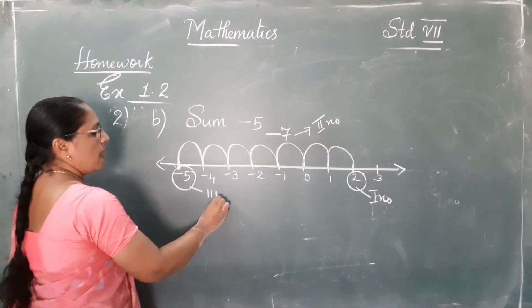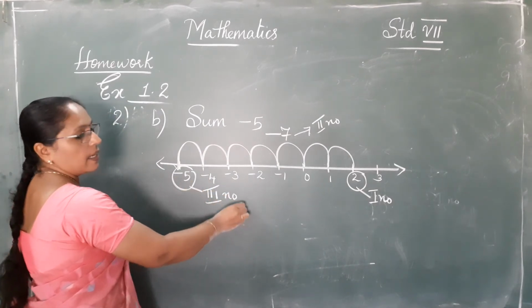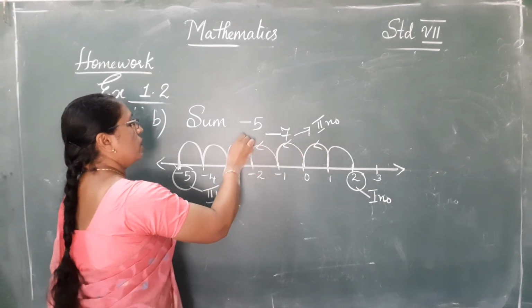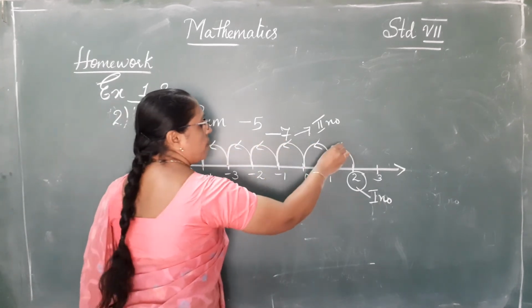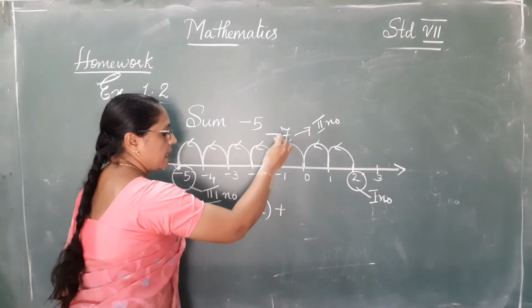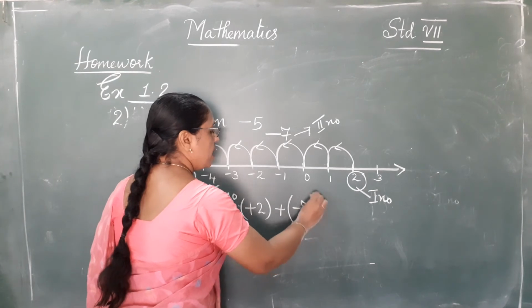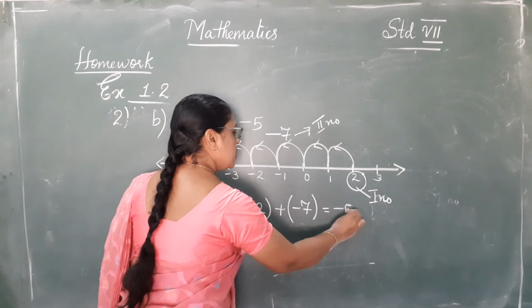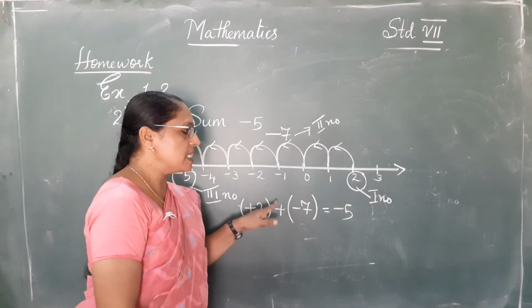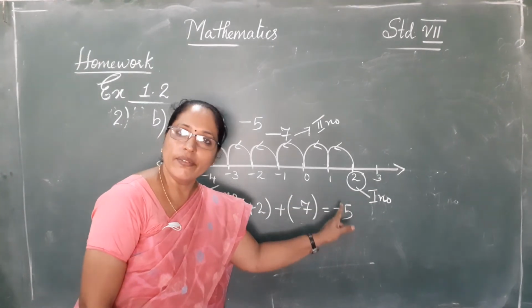The answer is always the third number. So you move 7 steps backward. So we get first number positive 2 plus second number negative 7 is equal to negative 5. So a positive integer and a negative integer whose sum is negative 5.